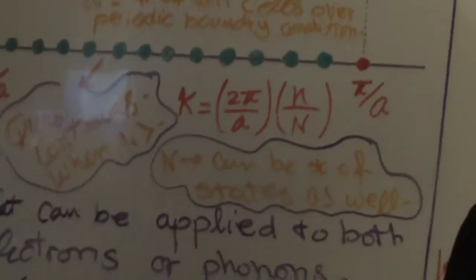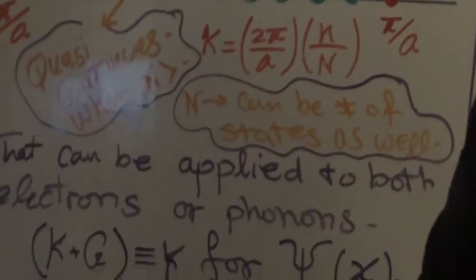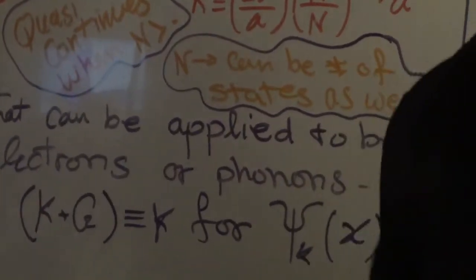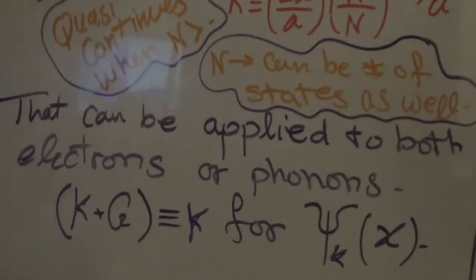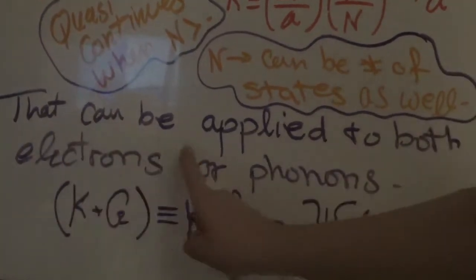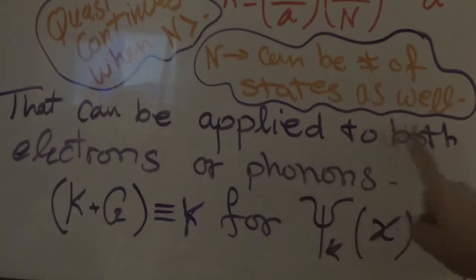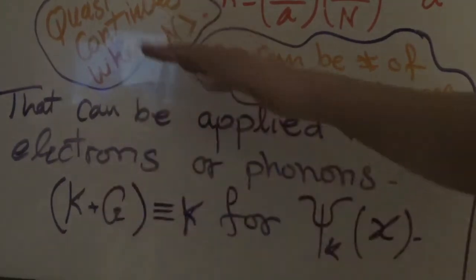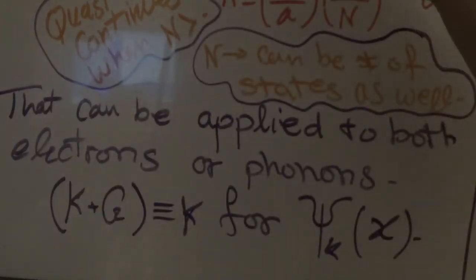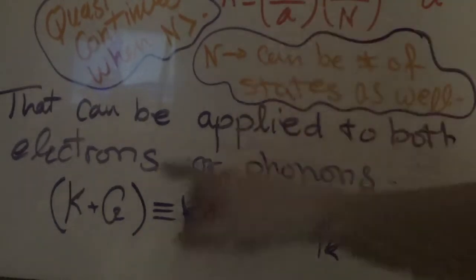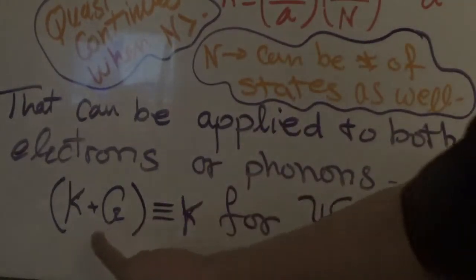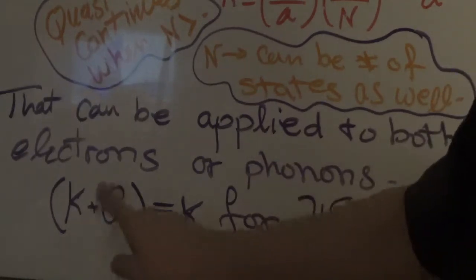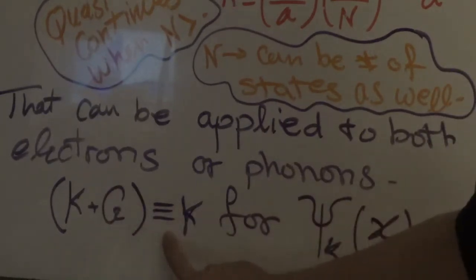So that's very nice. If I now go down and try to conclude what we studied for today, we'll see, guys, that it can be applied to both electrons and phonons. So what we discussed right here can be applied on both electrons and phonons. And you can see, guys, that k plus vector g is equivalent to k again.